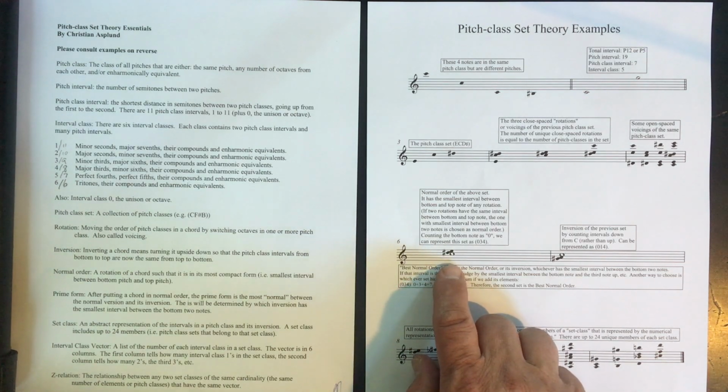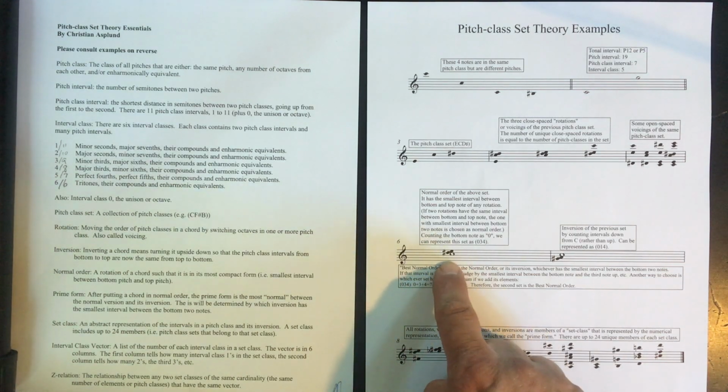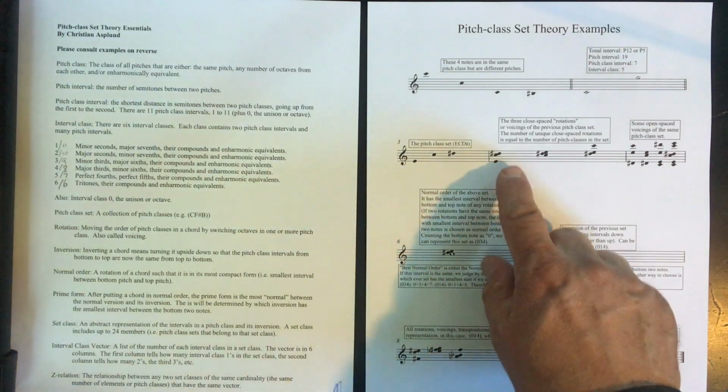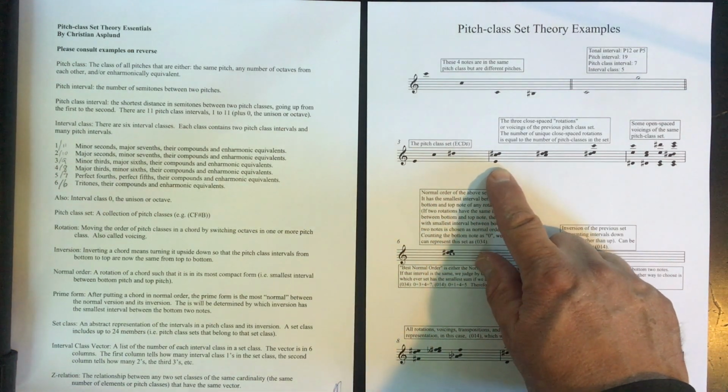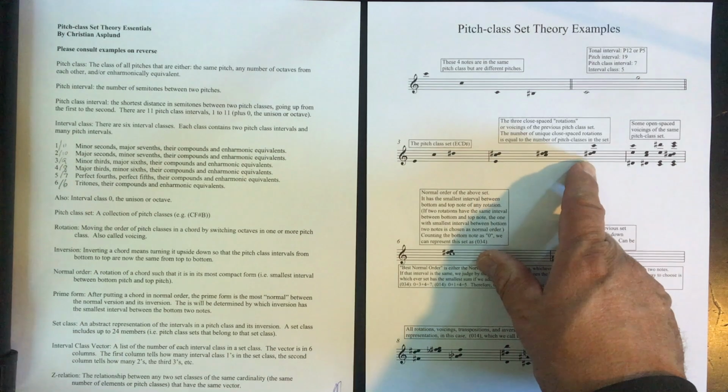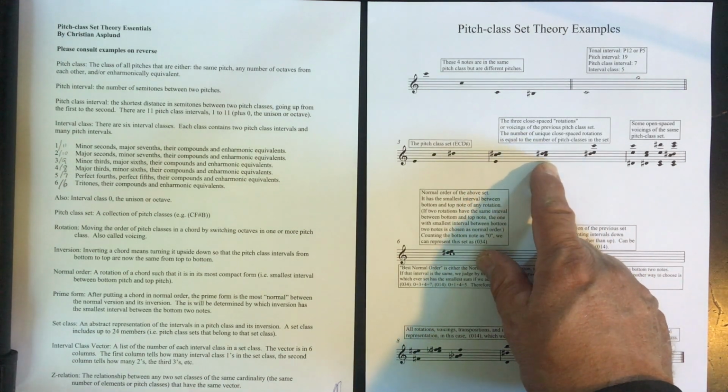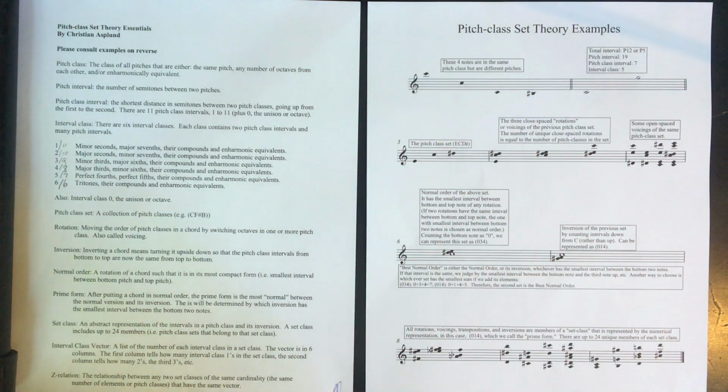Well, what is normal order? Well, to get the normal order of any pitch class set, we take all the close-spaced versions of that pitch class set. There are only 3 with a trichord. Okay, so pitch class sets are defined by their cardinality, or the number of pitch classes in them, or the number of elements, if we think of set theory.